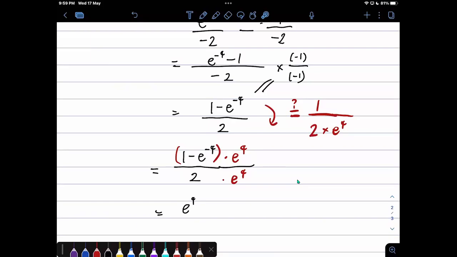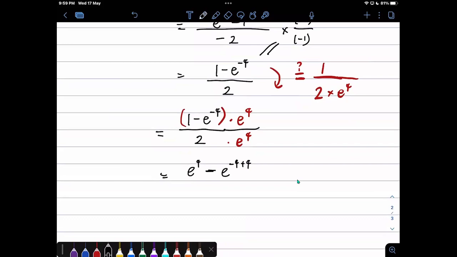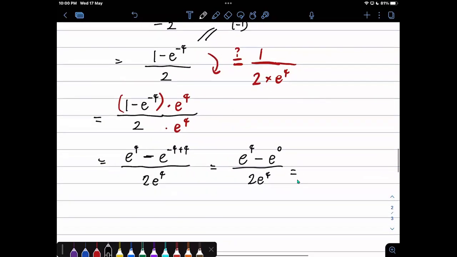Negative plus positive, -4 plus 4, gives power 0. But power 0 is equal to 1. So e power 4 minus 1, over 2e power 4. That's how you change into positive power.